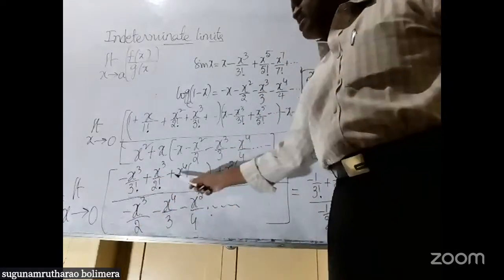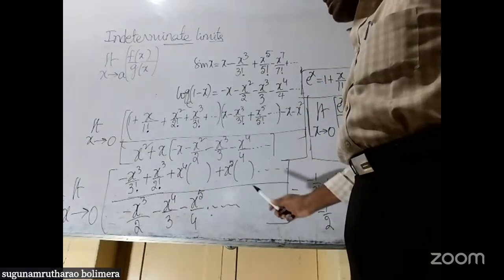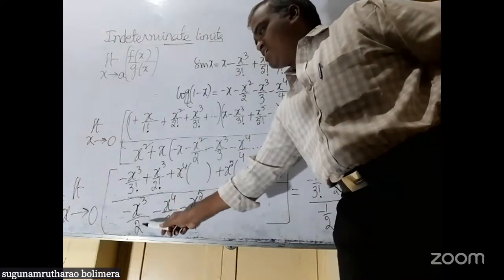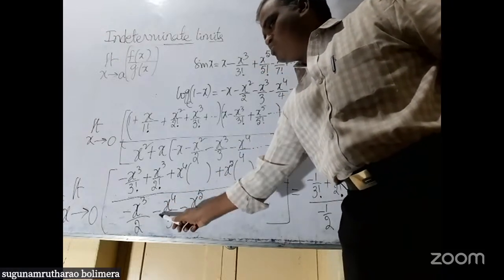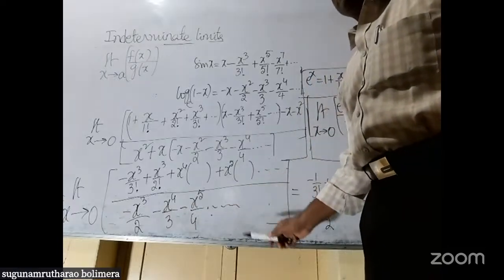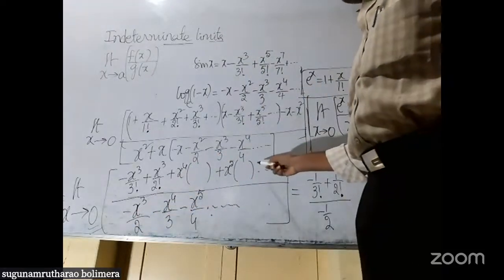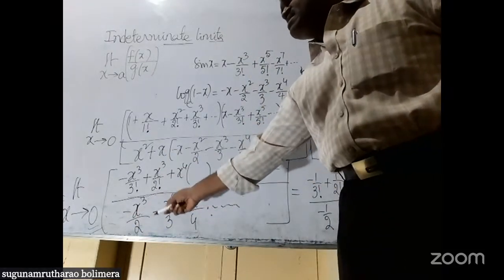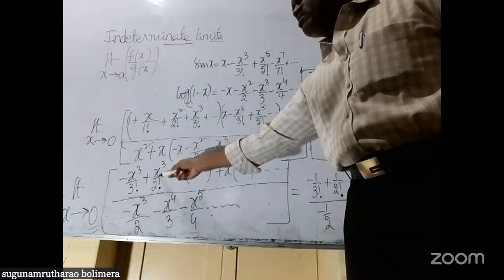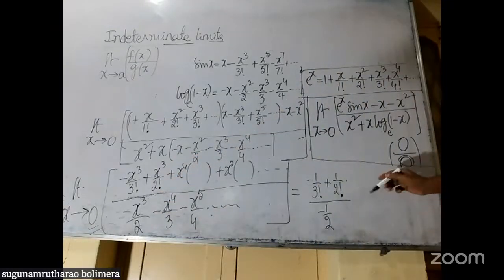So some constant plus x into something, x square into something, and so on. Here also minus 1 by 2 minus x by 3 minus x square by 4, and so on. On substituting x equals 0, everything else will become 0. The only answer is minus 1 by 3 factorial plus 1 by 2 factorial, all over minus 1 by 2. So the answer is this one.